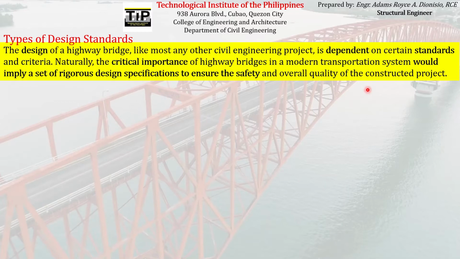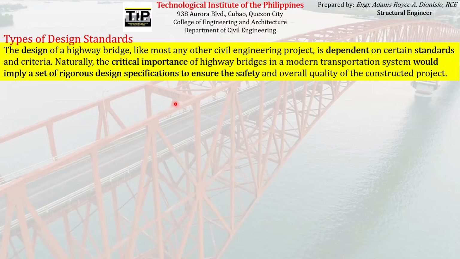Meaning, if we have a highway project that has a critical importance in a particular location, it can imply that there are numerous design specifications that need to be consulted and referred to, just to ensure its safety and overall quality, so that we can meet the required safety and overall quality of that critically important highway bridge.